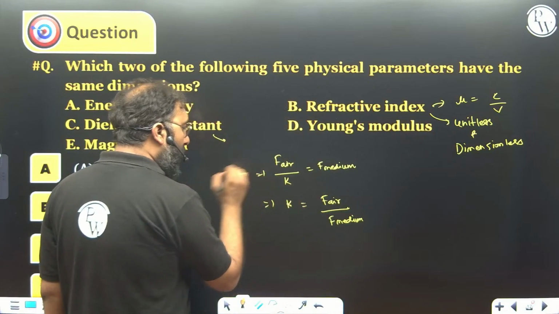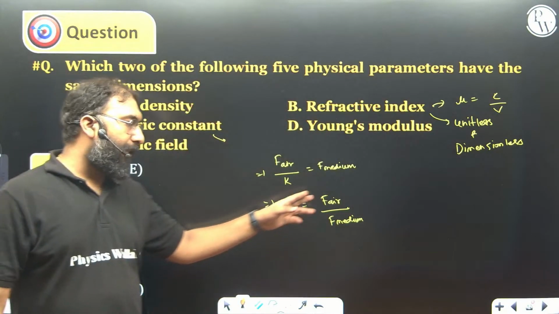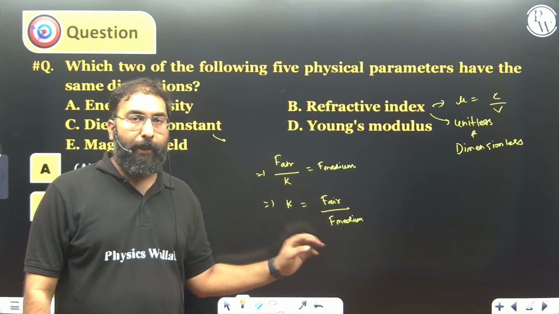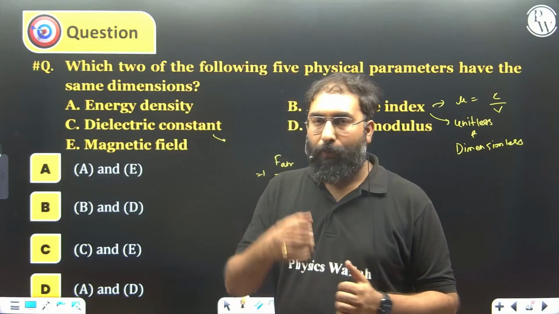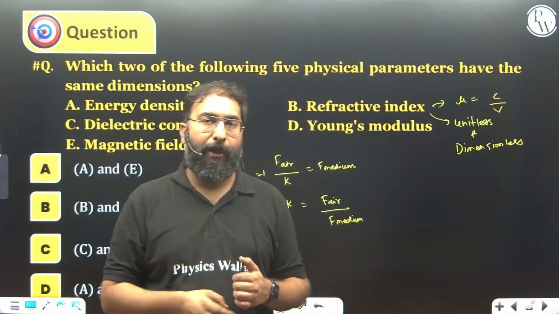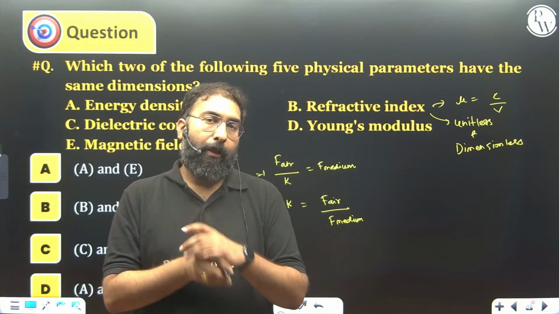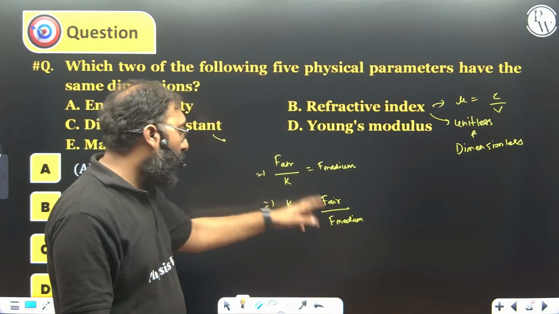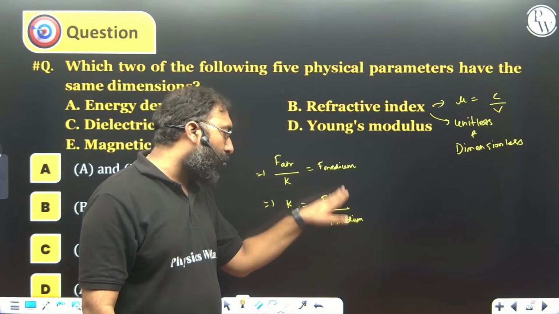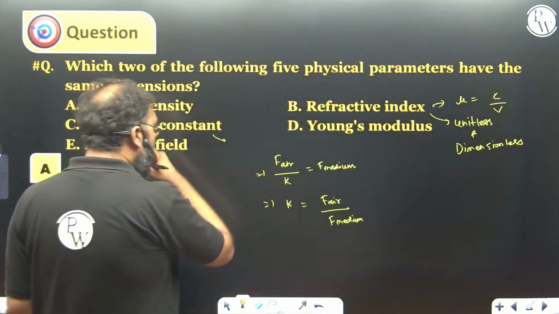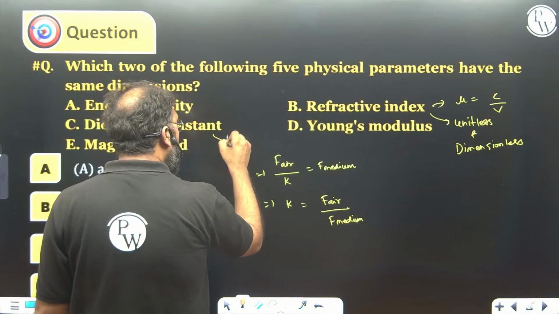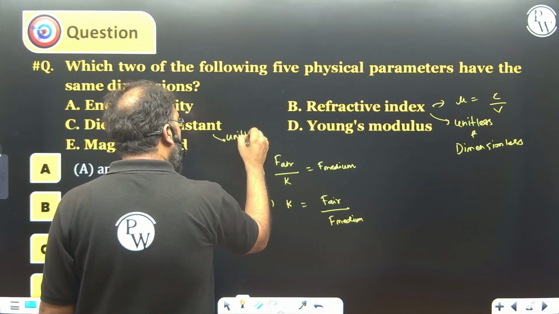So K is your dielectric constant, and it is the ratio of the force only, but the force calculated in two different situations, one in air and the other time in a different medium. So when you write down the dimension of both of them, it becomes dimensionless and unitless. So this dielectric constant is also unitless and dimensionless.